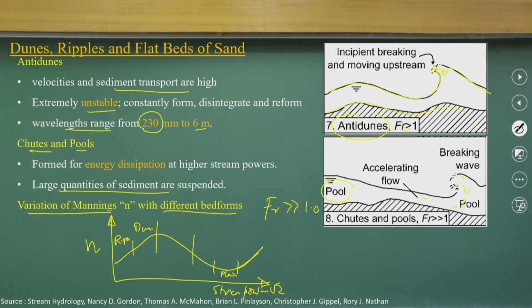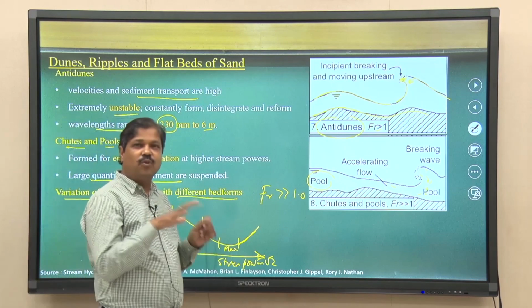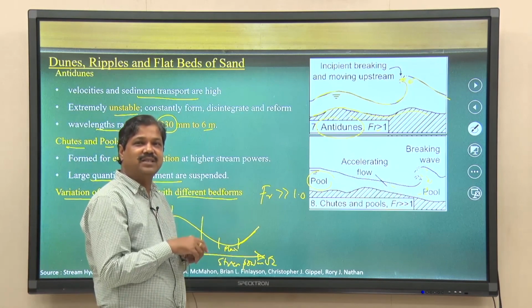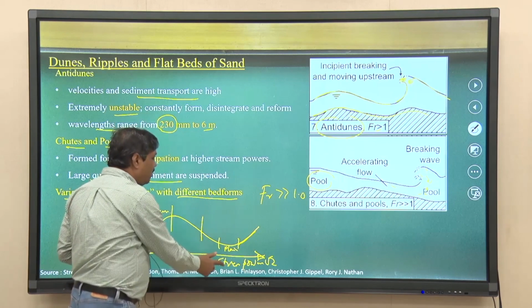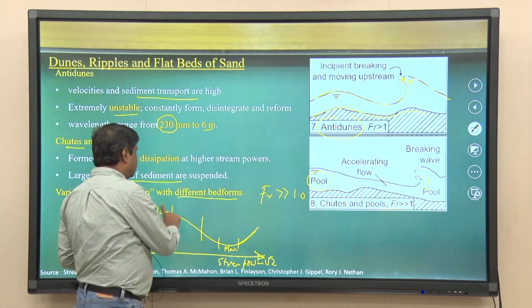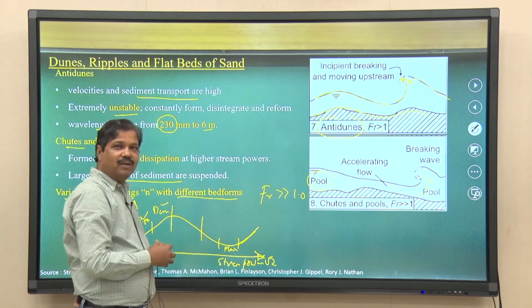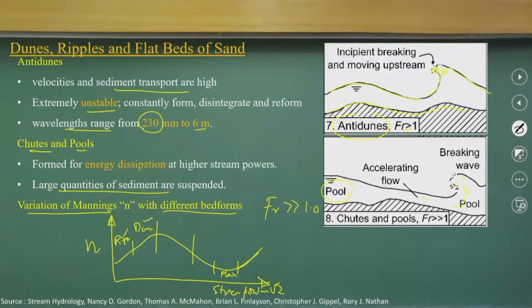So the n value, which represents the flow resistance or energy dissipation, also depends upon the stream power and the bed forms. Beds are not perfectly plane; the bed changes from ripples to dunes to antidunes, then you have a plane surface.